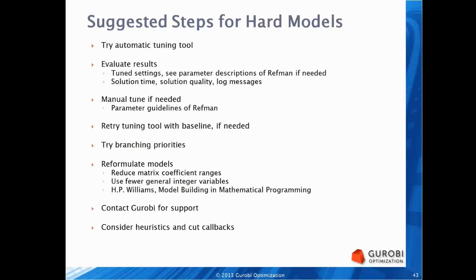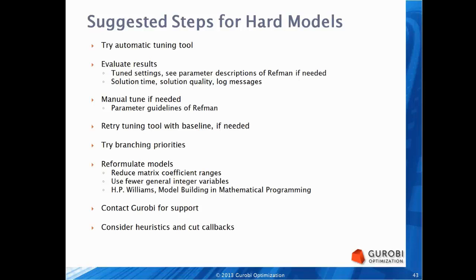Now I have the last slide about suggested steps for hard models. First, if you are not happy, you need to have a fast computer. Especially for Gurobi, you need to make sure to use an Intel i7 chip or the most recent Xeon chip.